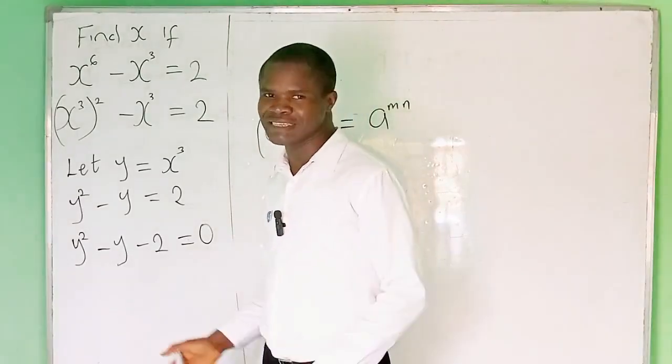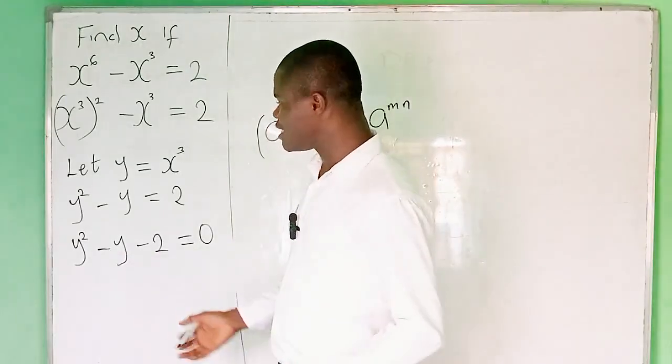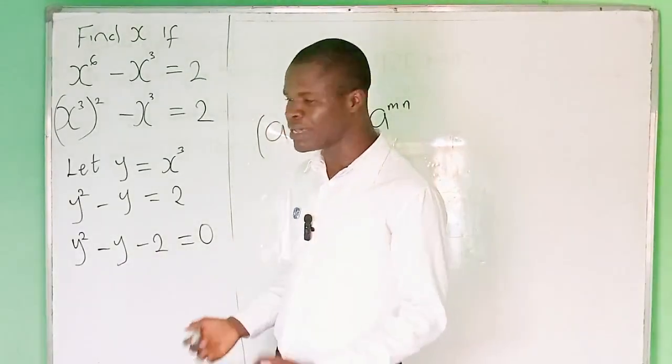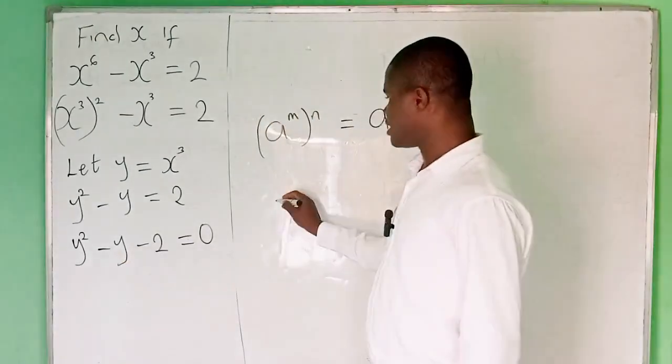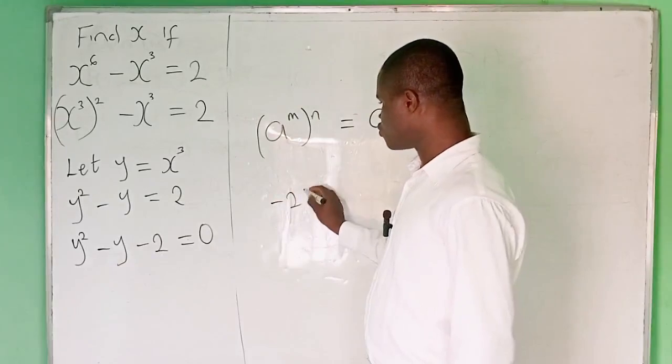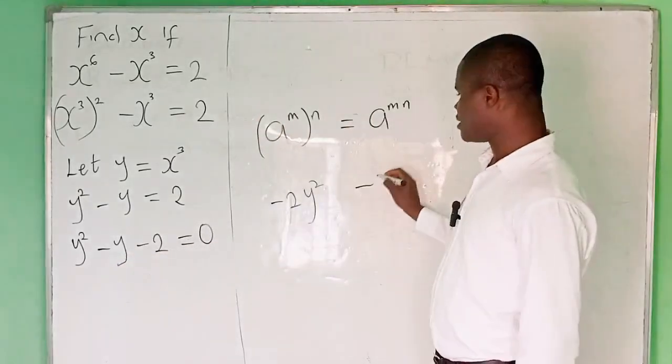So this is a quadratic equation, and you can solve by any method you choose to. Let us solve this by the factorization method. We multiply minus 2 with y squared, we get minus 2y squared. Then the middle term here is minus y.